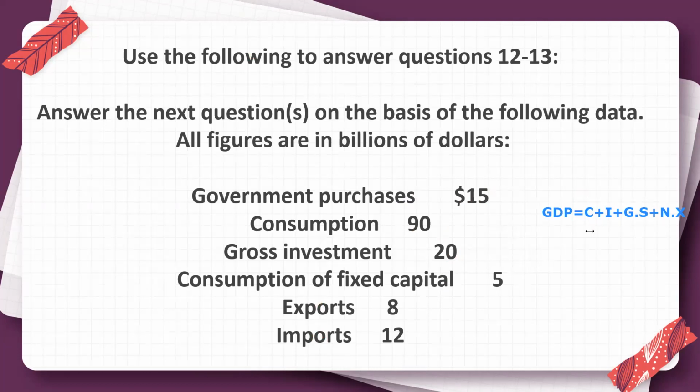So we had consumption 90 plus 20 plus government purchase 15 plus 12 minus, plus 8 exports minus 12 imports.